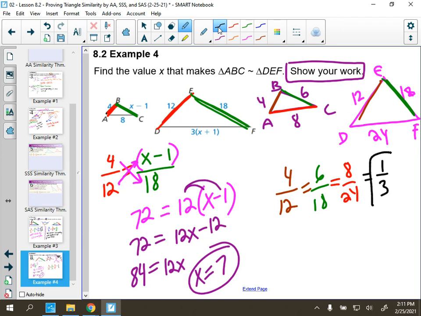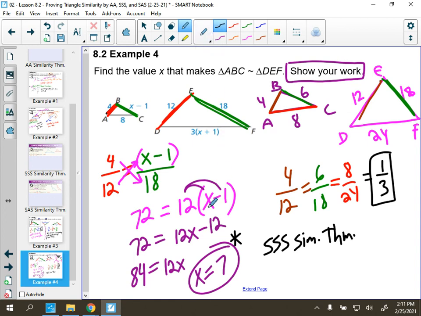So absolutely, these triangles truly are similar when x equals 7. That's one of the values we need to see, x equals 7. How do I know they're similar? The SSS similarity theorem says so.